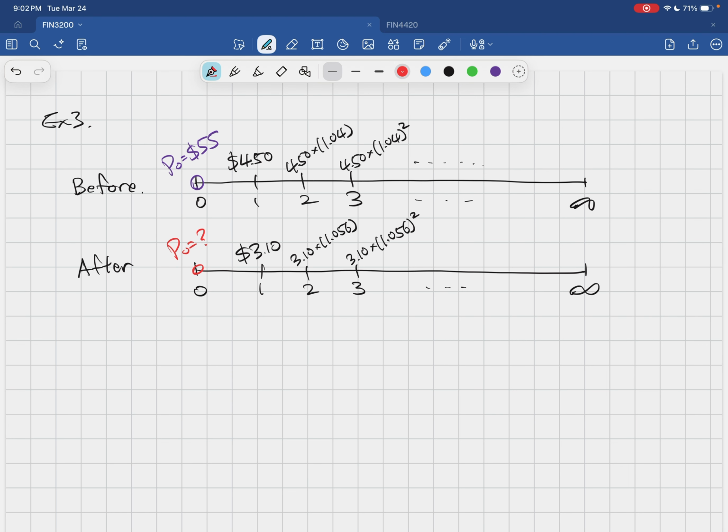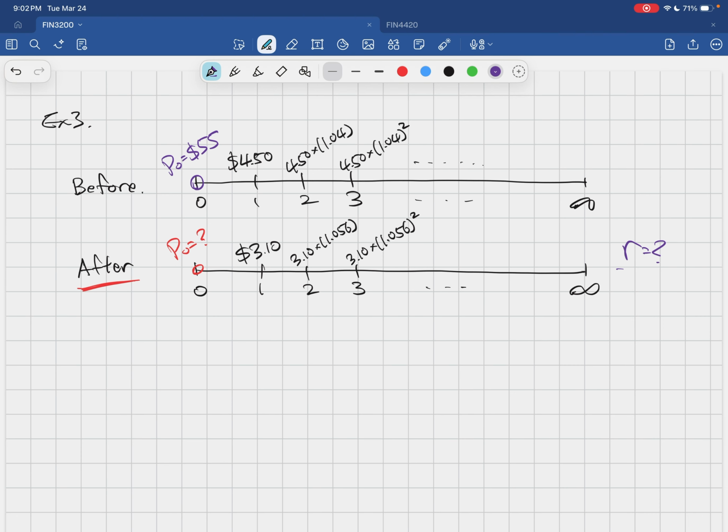So we're gonna think backwards here. We're trying to figure out the price of the share after the announcement, right? But we know we have the dividend information, 3.1 in year 1, and it grows at 5.6% forever. But in order to calculate the share price, we need to first figure out the R. What is the R?